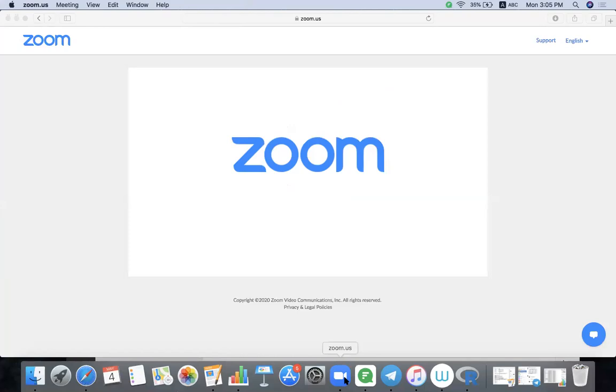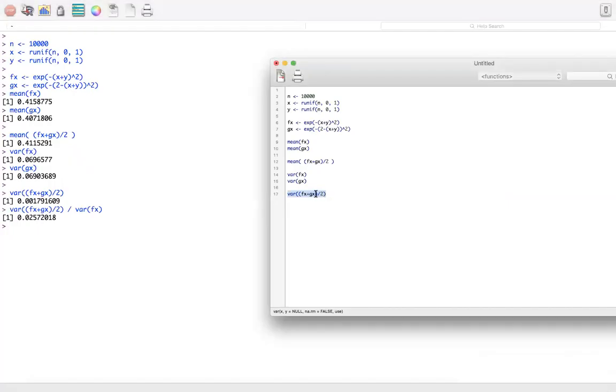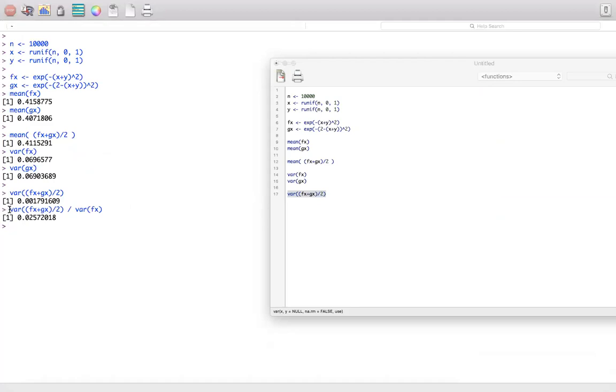Sorry, but why do we need to divide for the last one? That is to compare. I'm comparing the variance of the estimator derived using antithetic variables against the variance of the estimator that you usually use, without antithetic variables.